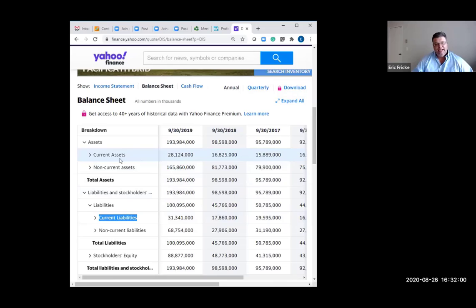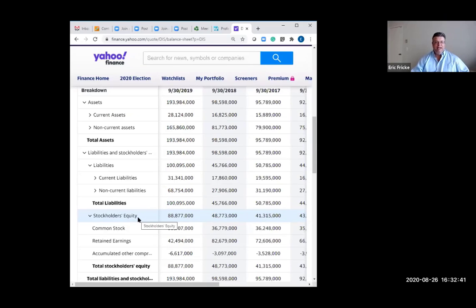If we take current assets and subtract current liabilities, that gives us working capital for this year. In this case, it would be 28 million minus 31 million, and that's going to be something like minus 3.2 million, a negative number. Okay, so remember that minus 3 million approximately.